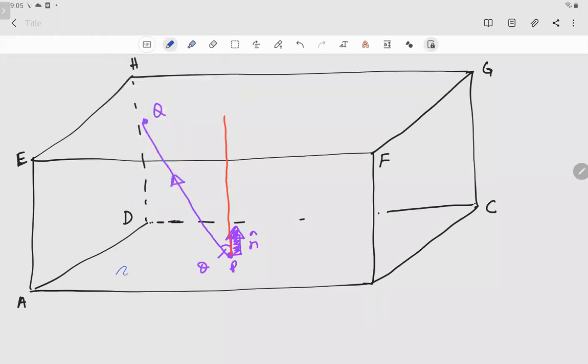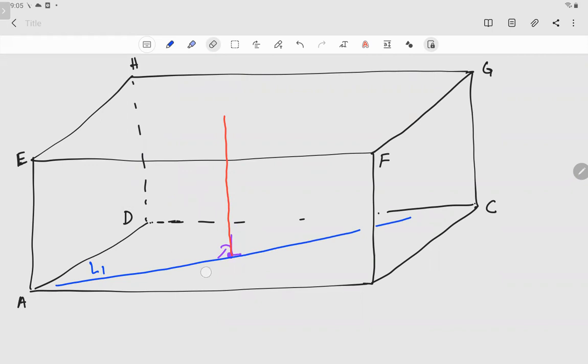Now consider this blue line L1. And there is another line on the ceiling. This is line L2, and this is the direction vector of L2, and this is the direction vector of line L1.